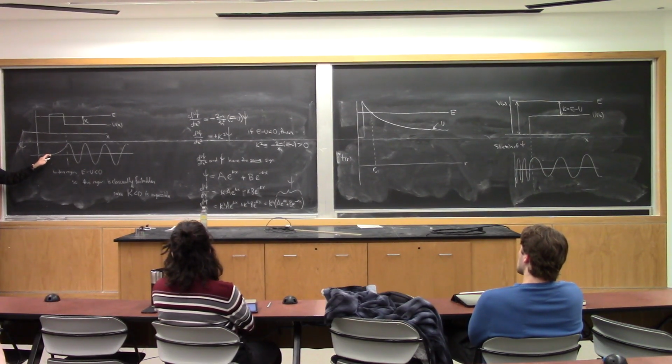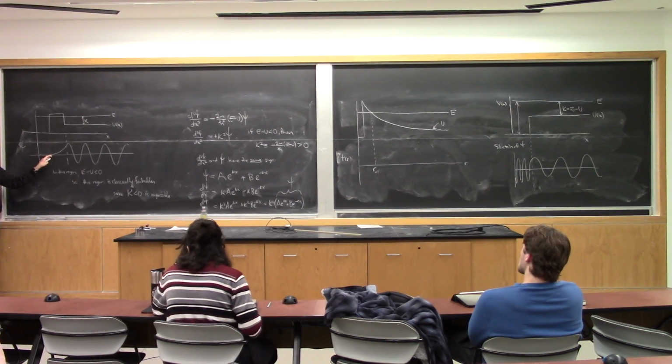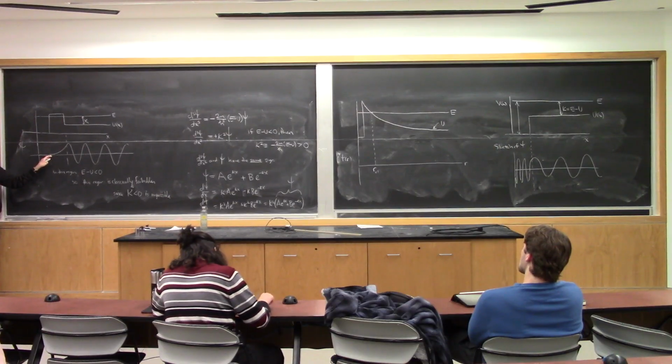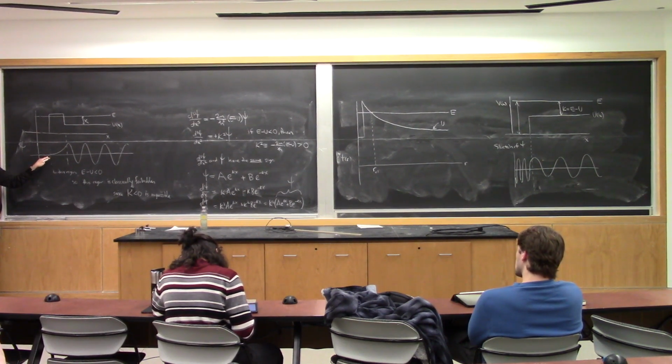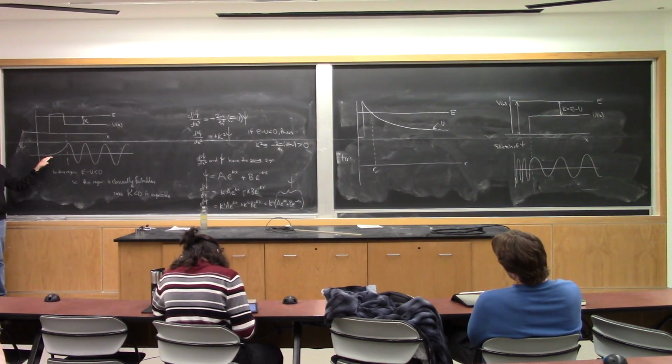And this exponential decay means that by the time we get over here, the amplitude has become small, but not zero. So there's a chance you'll find the particle here. Tunneling! Ta-da! There's a chance you'll find the particle here. Because the wave function is small but not zero there, it has made it through the barrier, so to speak.